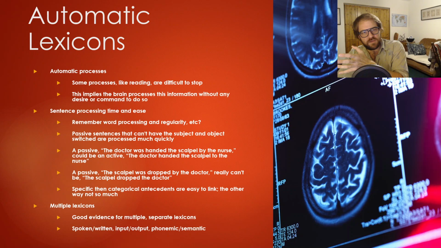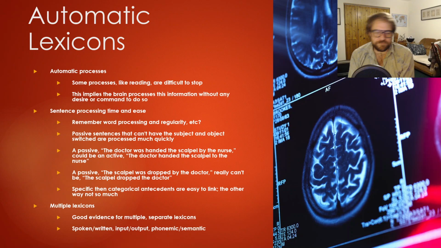You're primed to think semantically, and then you're going to be tasked with doing the opposite. That's going to take longer. And so this is evidence that we have two different kinds of lexicons, a phonemic one that's just a sound-based level, and a semantic one that goes on a meaning-based level.